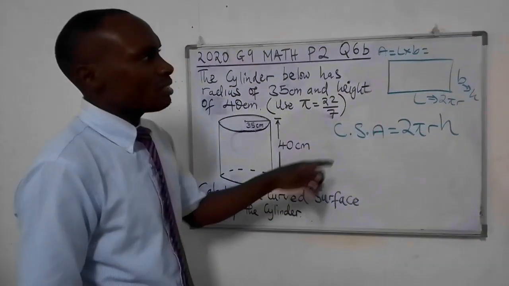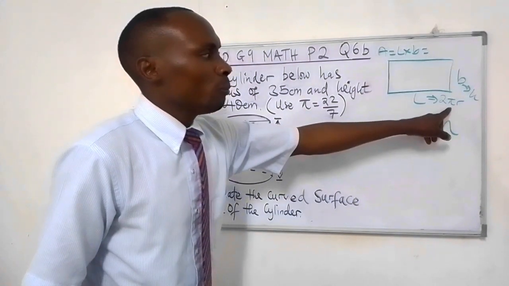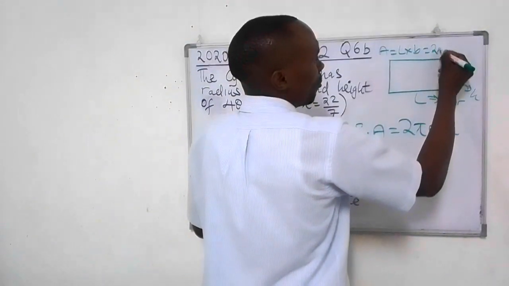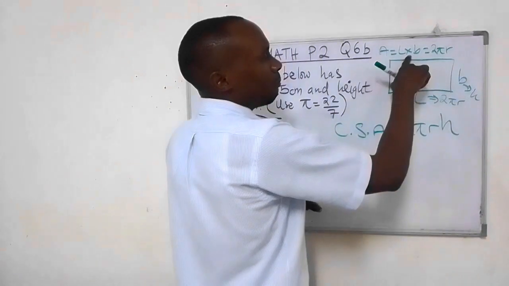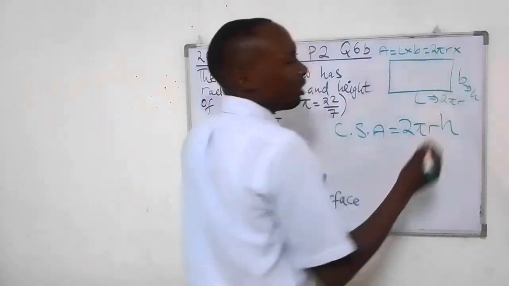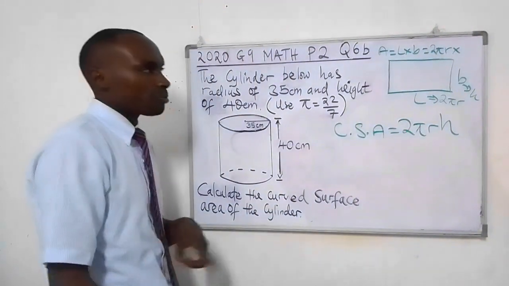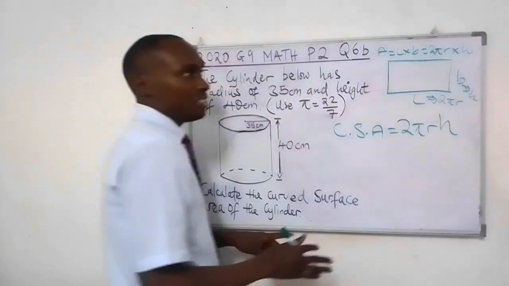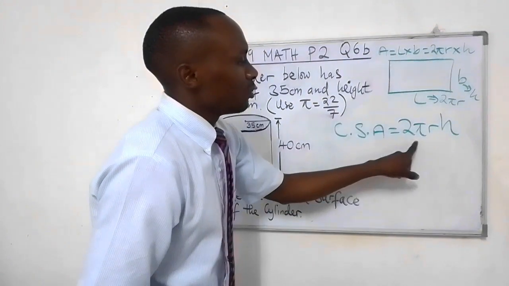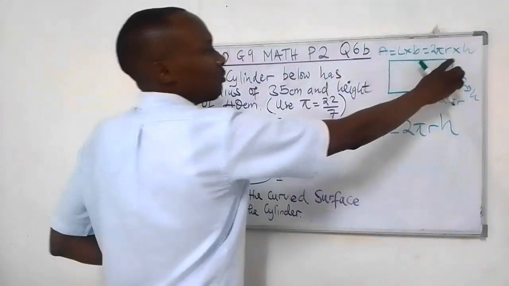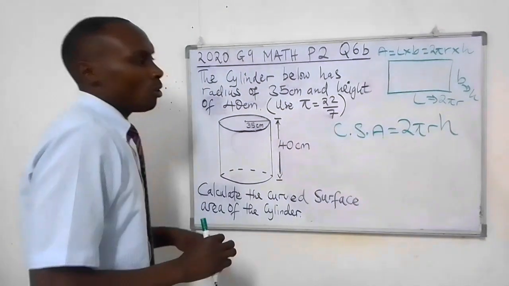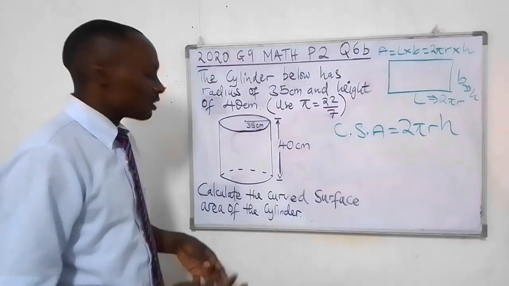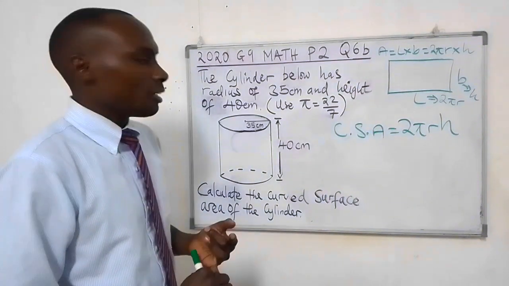So L becomes 2 pi r, multiplying with B, which converts to H. And this gives us 2 pi RH if multiplied. That's how we come up with the area of the curved surface of the cylinder.